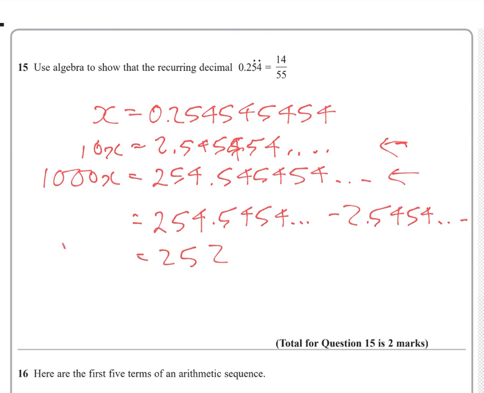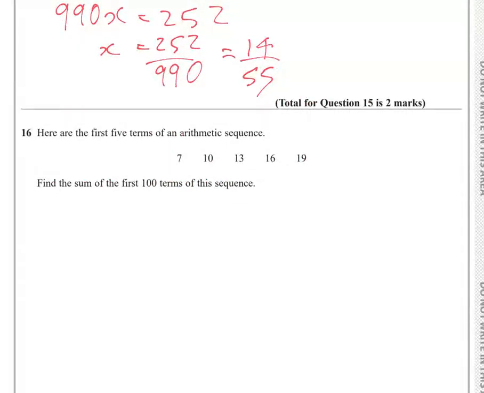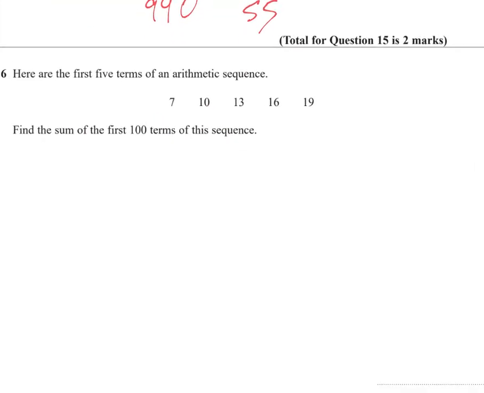And the x's is going to give me 990 x's. So x is 252 over 990. And if I cancel that down, it's 14/55. And then you know you've got it right. But as I said, that isn't on the syllabus 2022, but if you're looking at this for the following year, then I'm sure we'll be back to normal by then.